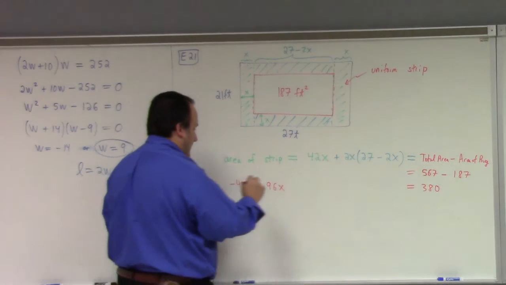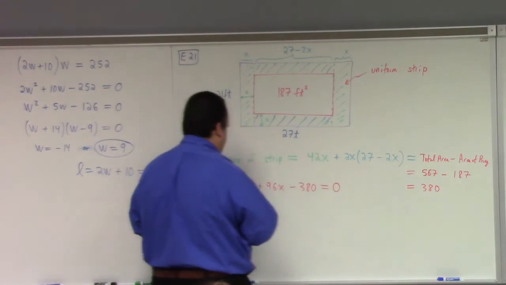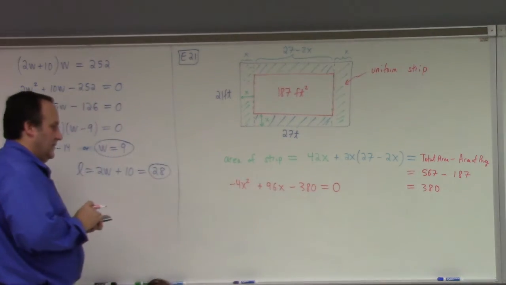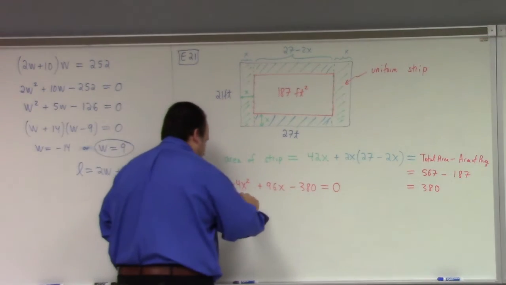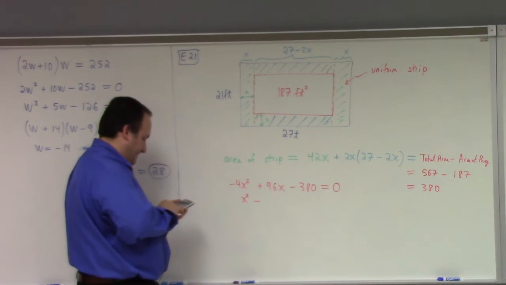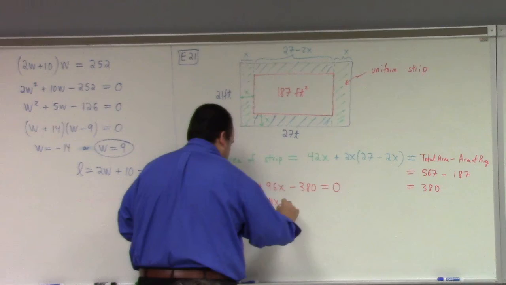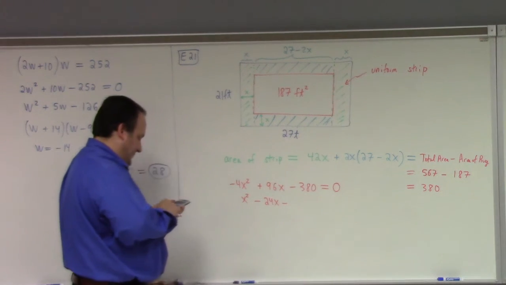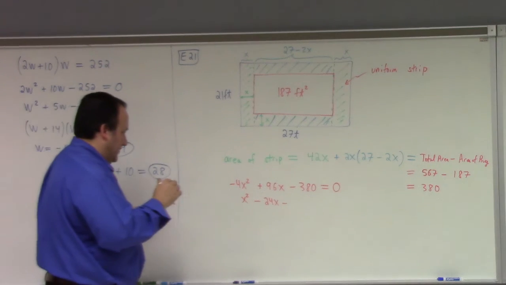And then minus 380, yeah? You can divide that by minus 4 to make it nicer. x squared, what's 96 over 4? 24. So x squared minus 24x, 380 divided by minus 4 is plus 95.